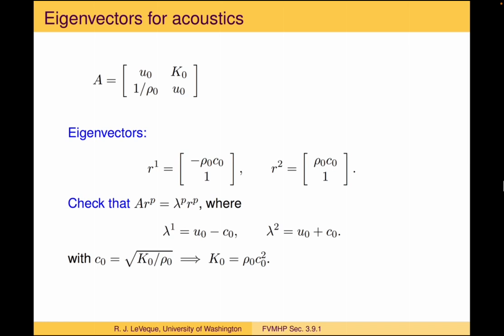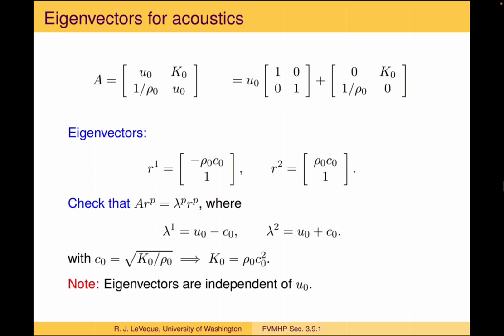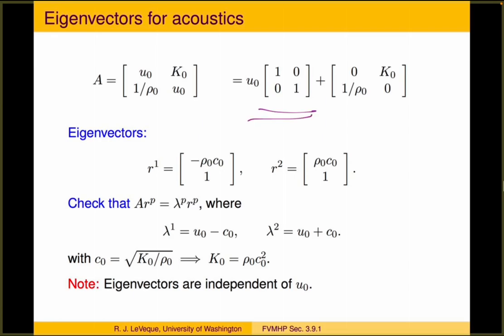It turns out the eigenvectors are exactly the same as they are in the case u equals 0. But what changes is the eigenvalues are shifted by the value u0. That's easy to see because this matrix A is u0 times the identity matrix plus the coefficient matrix for the previous case, acoustics about zero velocity.